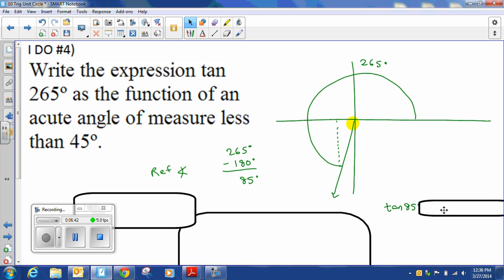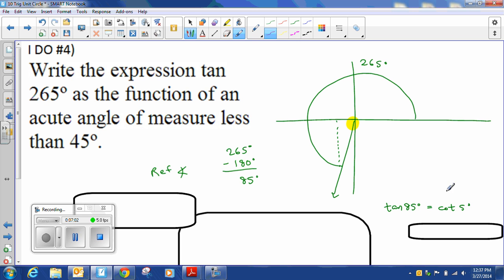So tangent of 85 degrees equals what? Now if we want to express this as an angle less than 45, I need to use my cofunction, which is cotangent. And I know that the cotangent of this angle must be complementary to 85, so it must be 5 degrees. So that's the answer to this.